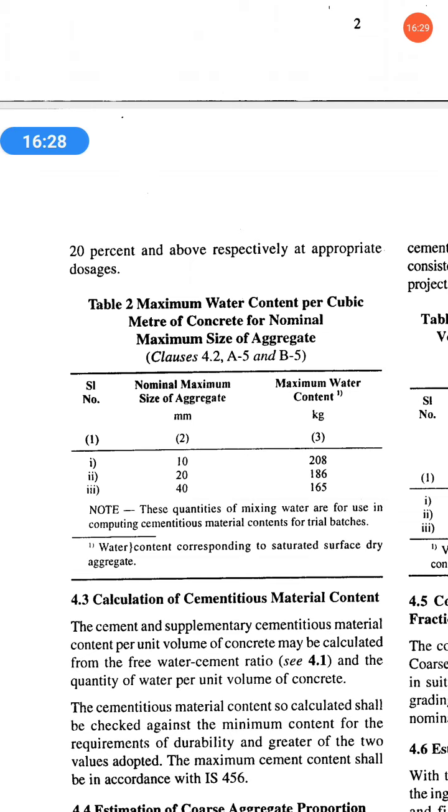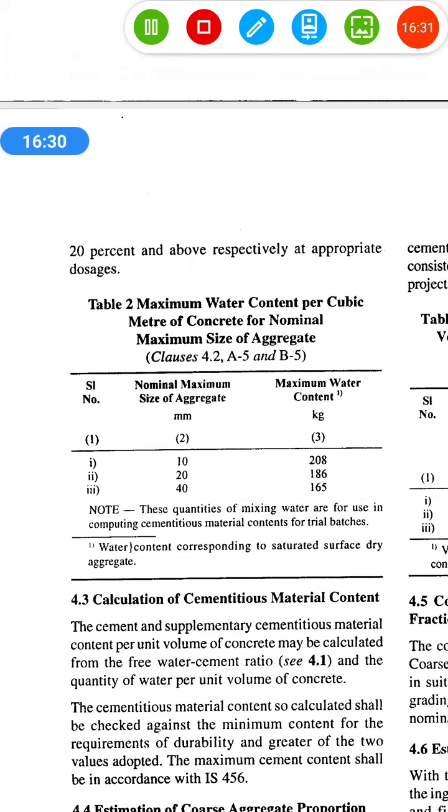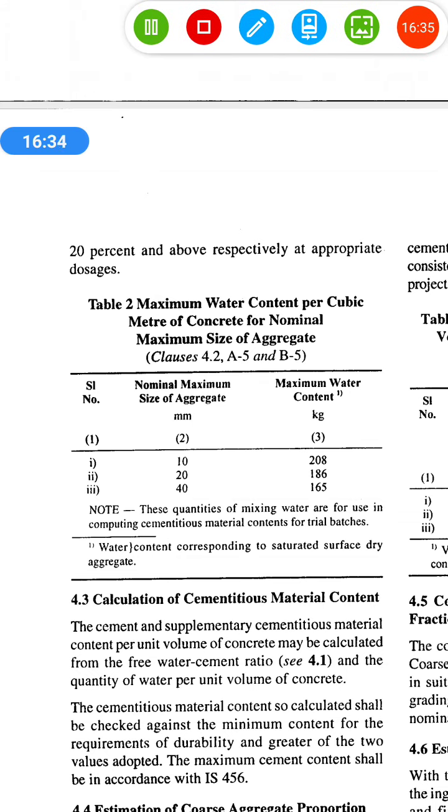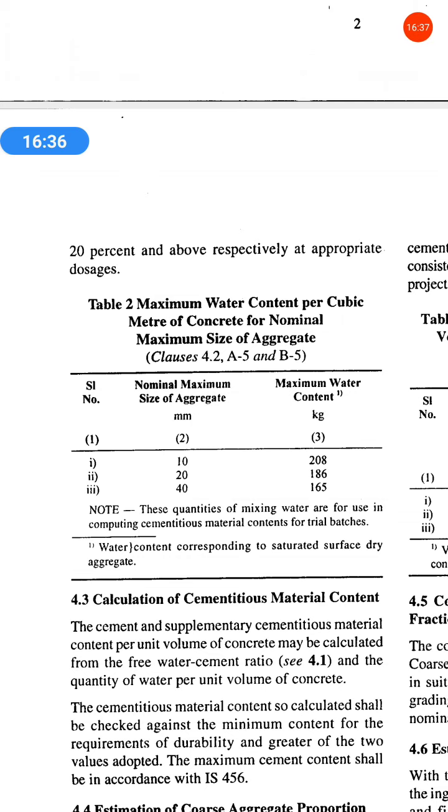In the question it is given 20 mm aggregate, so for 20 mm it is 186 liter. Okay, 186 kg water maximum content. See the note here: these quantities of mixing water are for use in computing cementitious material only.